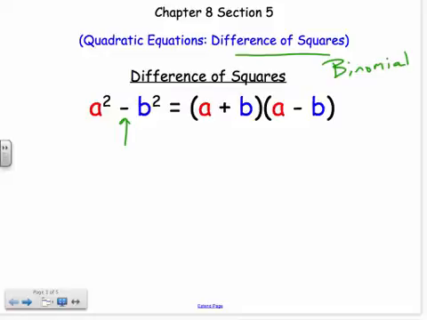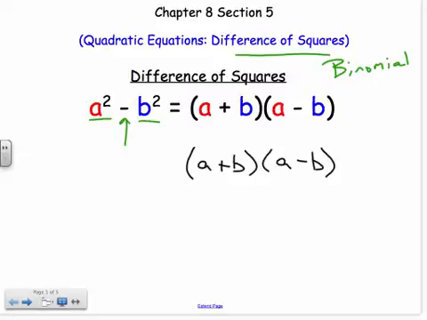A difference of squares. Well, I have to see if I am able to take the square root of each term and come out with a whole number or a variable. If we take a look here, let's expand out our binomial just so we can describe our special product.